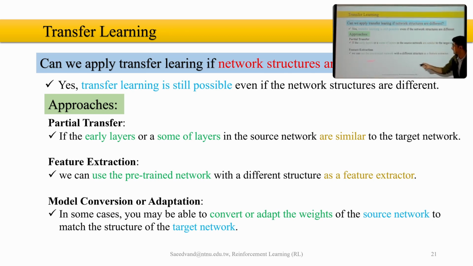The other one is the feature extraction approach, where we use the pre-trained network with a different structure as a feature extractor, for example only bringing the whole convolutional layer. And the third one is model conversion, which I explained: you can convert your weights and models to transfer between different networks. You can do all three, or each one of these three, if network structures are different between two models.